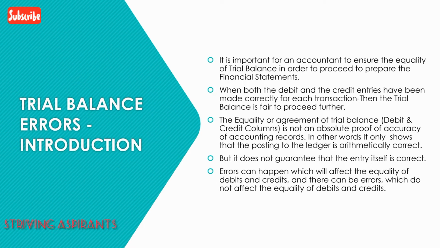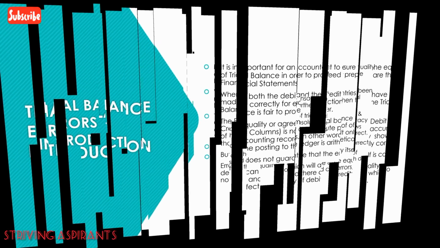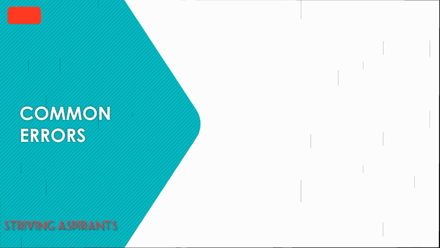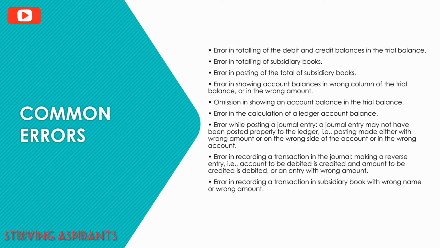Let us see what are the common errors happening while posting the balances from ledger to the trial balance. Error in totaling of the debit and credit balance in the trial balance. Error in totaling of subsidiary books. Error in posting of the total of subsidiary books.